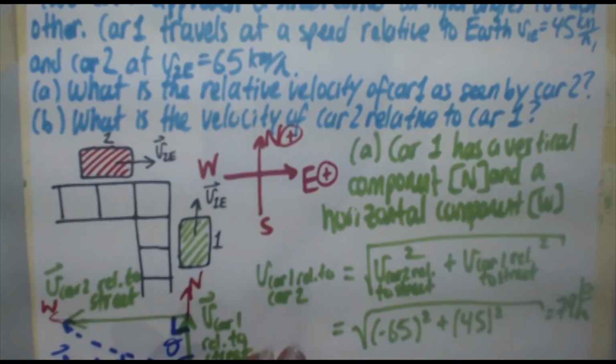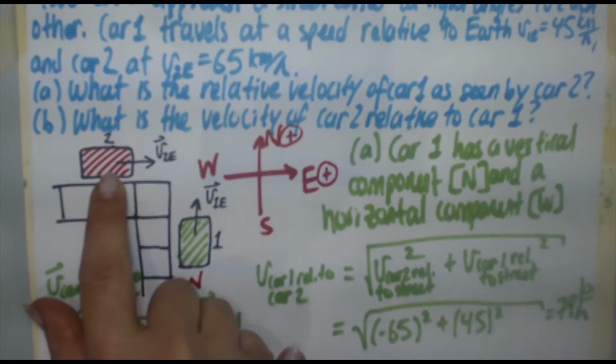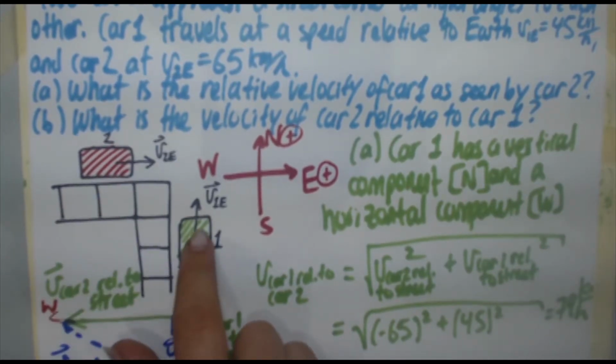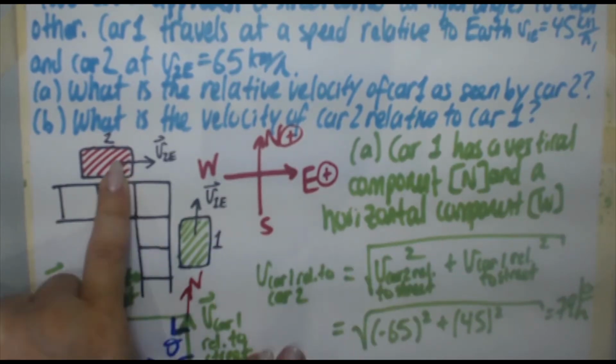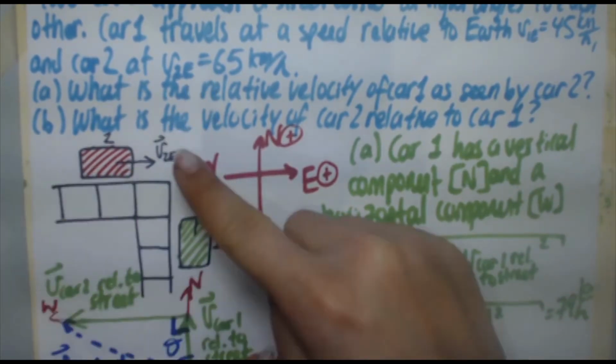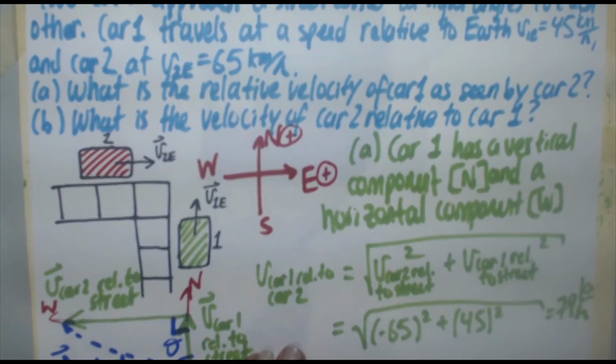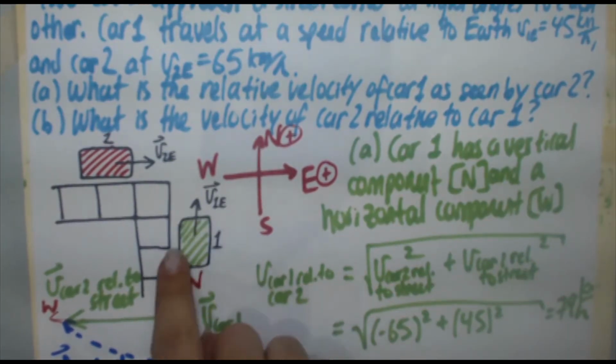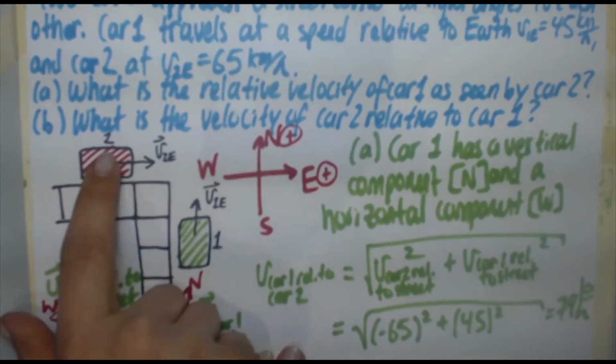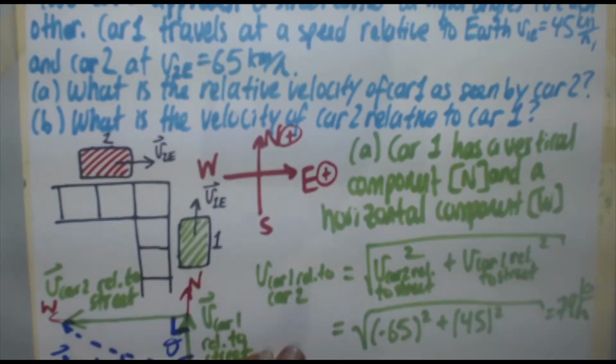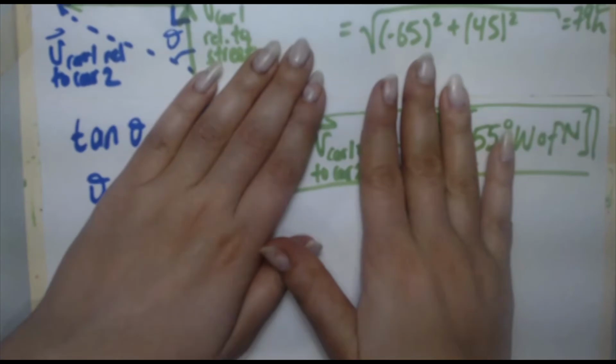Because he's moving east. And this car 2 also has a vertical component. And just like the previous one, we're not going to use the vertical component of this car 1 because if car 2 is going eastward and northward, he's moving away from car 1. So for this velocity, it should actually be going south. So we're going to have an eastward component and a southward component, which would ensure that they move closer to each other. So let's do that.